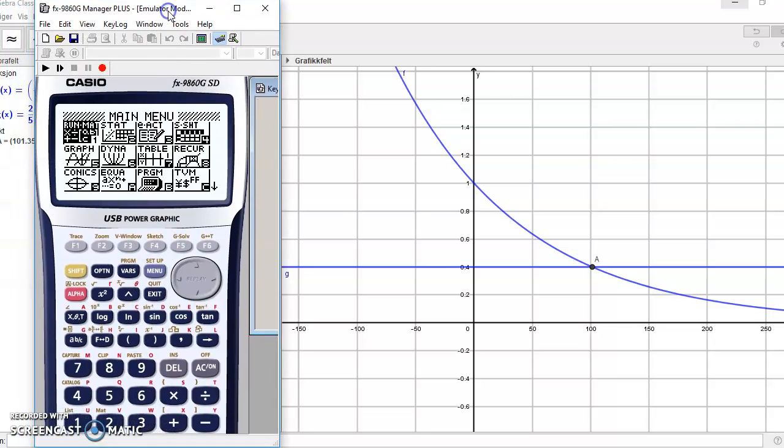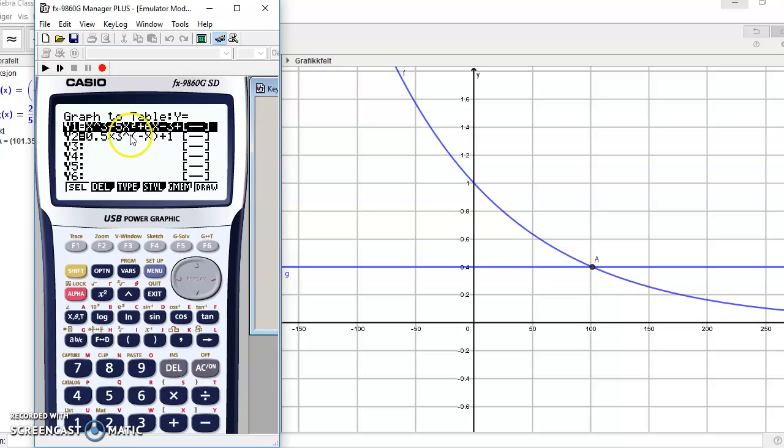This is going to be a graph, so I'm going into menu 5 here to graph this.